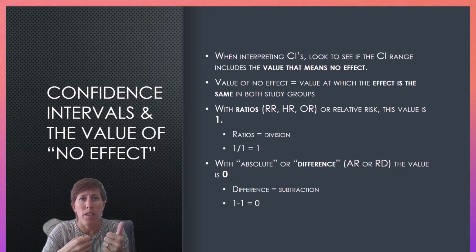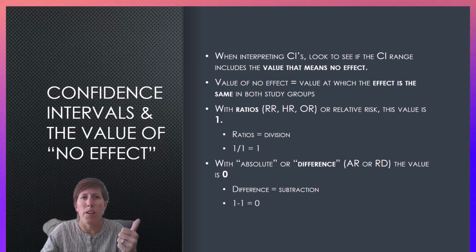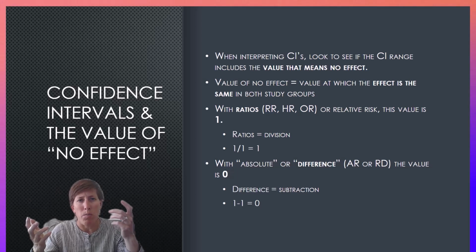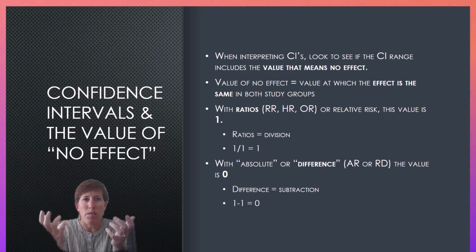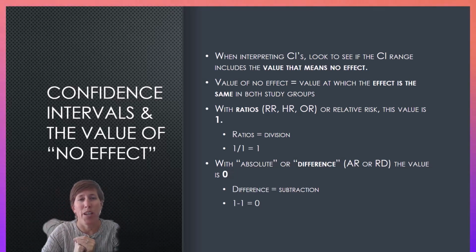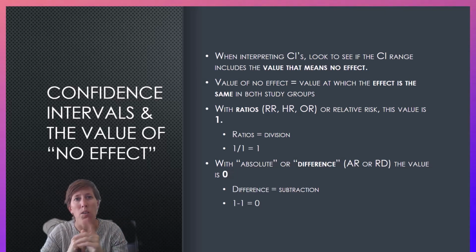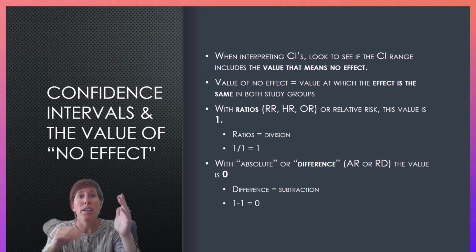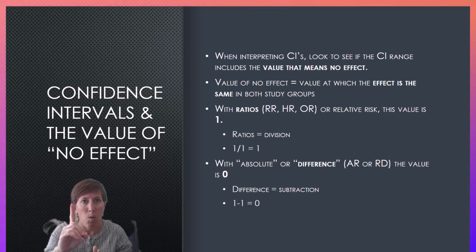In our difference statistics, when intervention and control had the same value, when we subtract that value from itself, 10 minus 10, we get 0. That is the value of no effect in difference statistics. In ratio statistics, if you have the same value, 10 divided by 10, our value of no effect is 1.